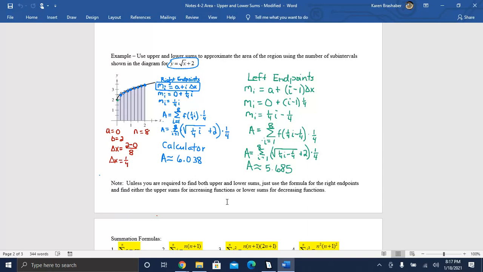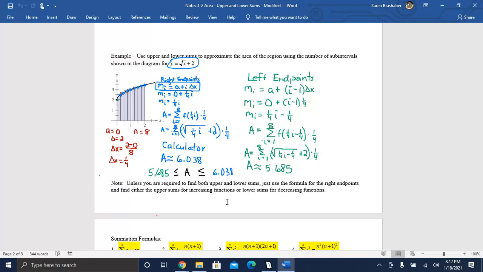So the actual area is going to be trapped in between 5.685 and 6.038. And so we could write that using an inequality for the actual area.